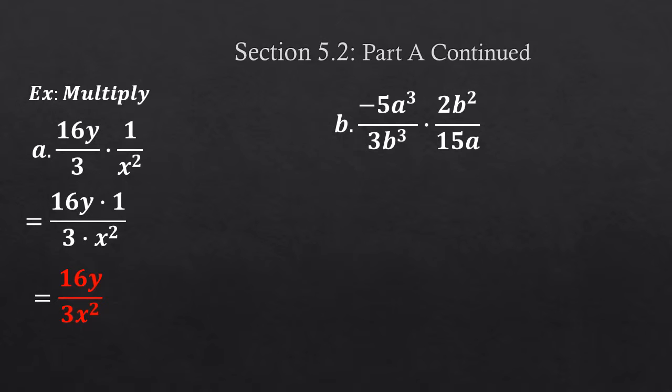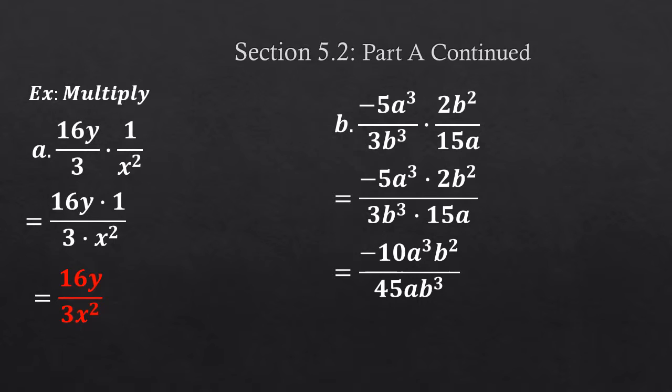This example, if you multiply straight across, you will get negative 10a to the third b to the second over 45a b to the third. This can be simplified because both 10 and 45 are reducible by 5. And remember, when you are dividing variables with the same base, same letter, you subtract the exponents.